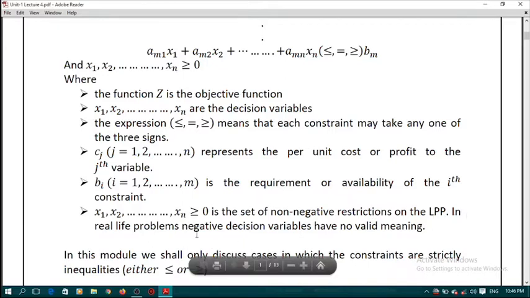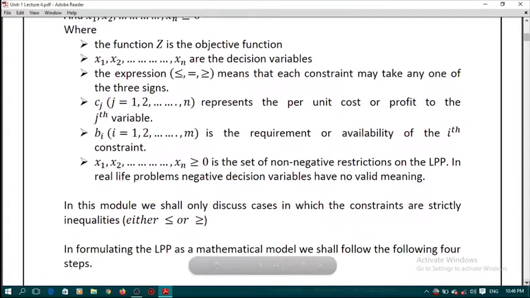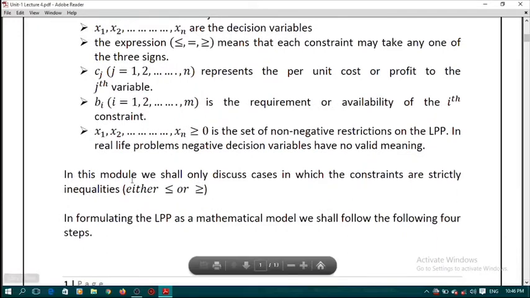In real life problems, negative decision variables have no valid meaning. In this module, we shall only discuss cases in which the constraints are strictly inequalities, either less or equal to or greater or equal to. Usually equal to cases are rare.